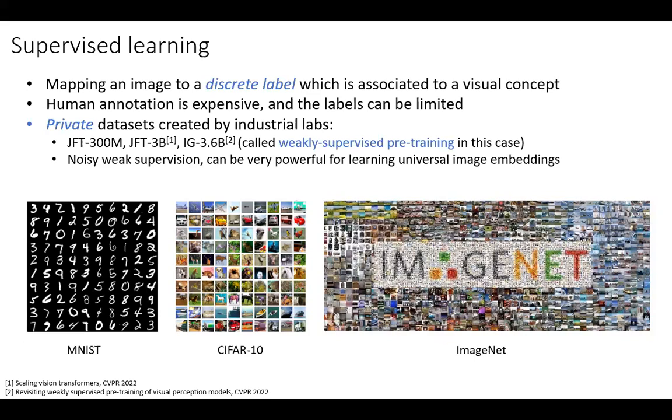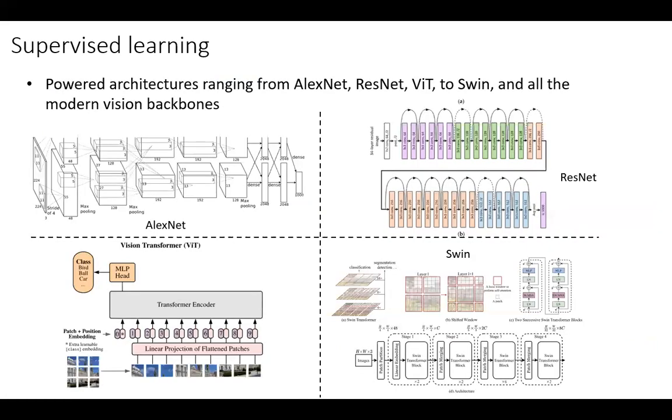Although those signals are weak supervision, they can be very powerful in terms of learning universal embeddings. The supervised training paradigm has also powered architectures ranging from the classical AlexNet and ResNet to the more recent vision transformer, Swin, and many other model variants. Basically, supervised learning is the test bed for all the modern vision backbones.